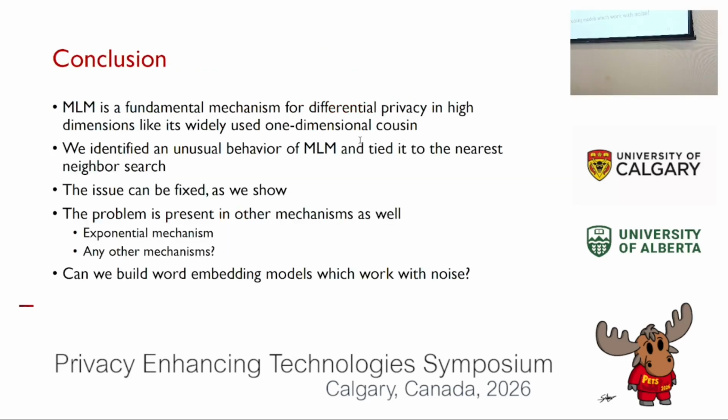To conclude, we show an issue with the multidimensional Laplace mechanism, and we tie it to the nearest neighbor search. We also show a fix, and we have also shown that this problem persists in other mechanisms like the exponential mechanism. The question is, do other dX-Privacy mechanisms also have the same problem?